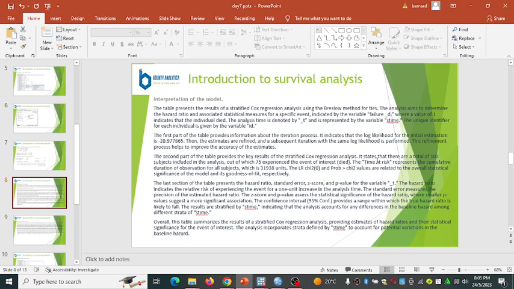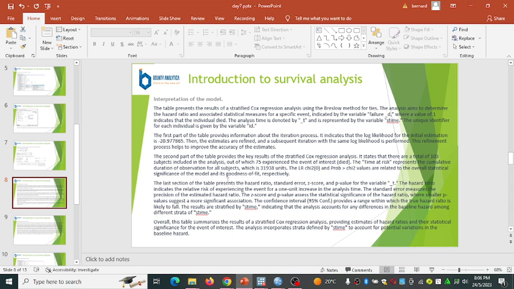So the time at risk represents the cumulative duration of observation for all subjects, which is 1908 units. The LR chi-square ratio and the probability greater than chi-square are related to the overall statistical significance of the model and its goodness of fit.